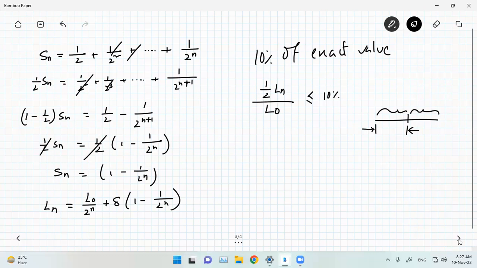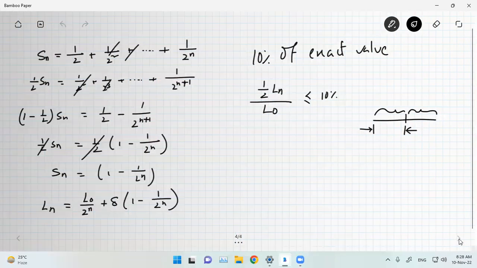So that is why half of the final interval, that is Ln, to the initial interval has to be within 10%. And also this is our stopping criteria, as we have said. So this thing will be more clear with the example that has been given. So let's start solving the problem.